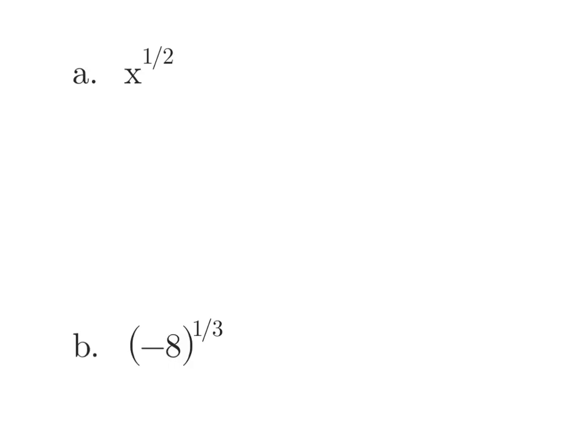So if we look at x to the 1/2, this becomes the second root of x, or remember that if it's a second root, this is the same thing as a square root. So we get x to the 1/2 is equal to the square root of x.